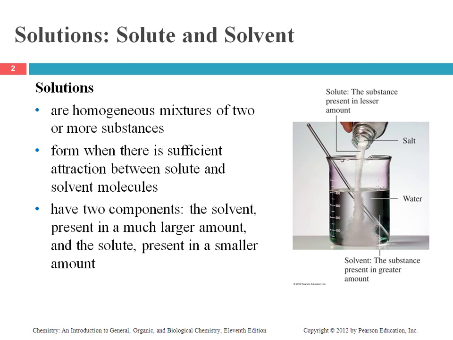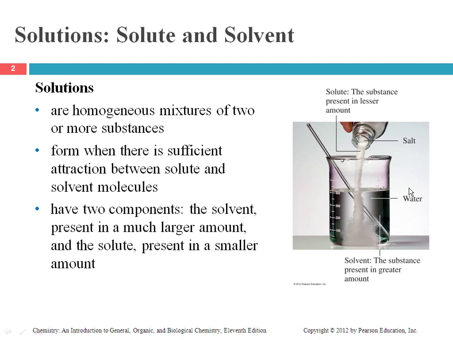There are two components. The solvent is what's usually present in the largest amount. So water is a very, very common solvent, and it's present in the largest amount, and it actually dissolves the solute. The solute is usually present in a smaller amount, and it is what is being dissolved.